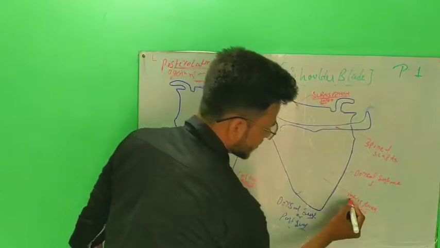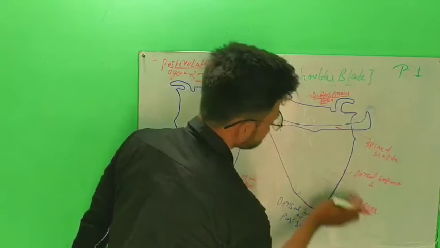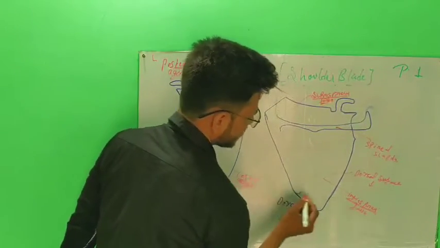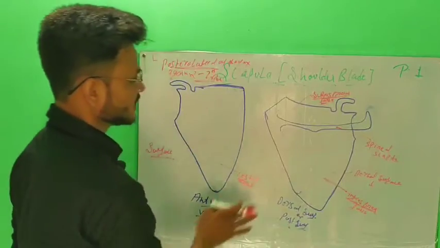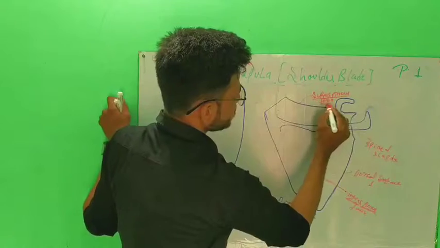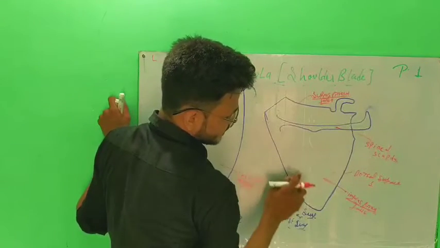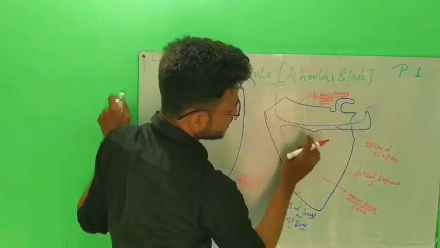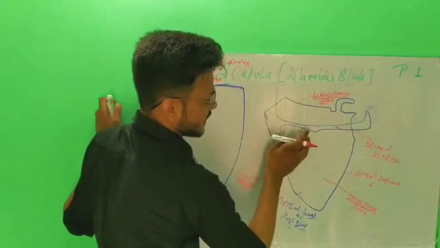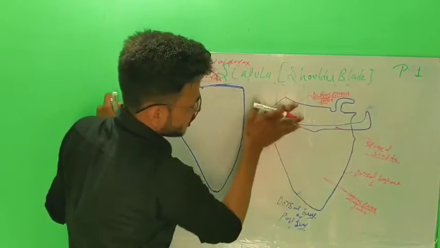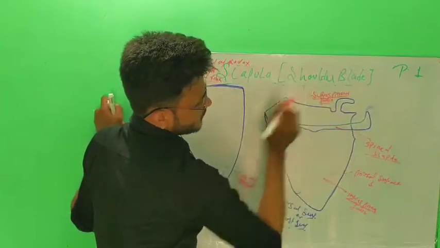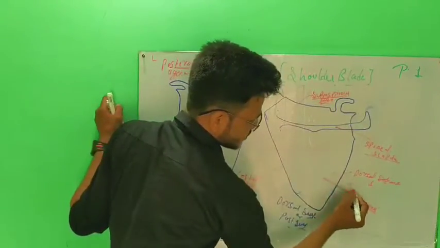So the dorsal surface is divided into the supraspinous fossa and the infraspinous fossa by the spine of scapula. Because of the spine of scapula, my dorsal surface is divided into two: first is supraspinous and the second is infraspinous.